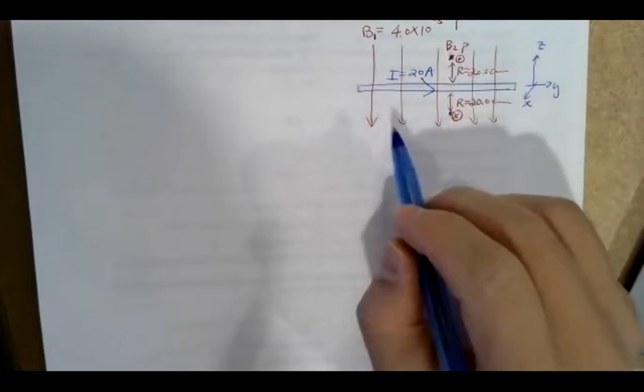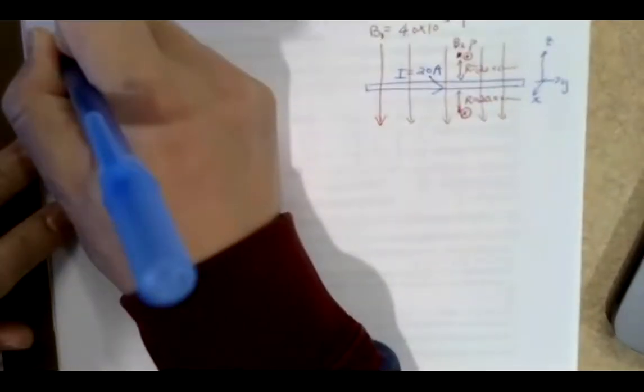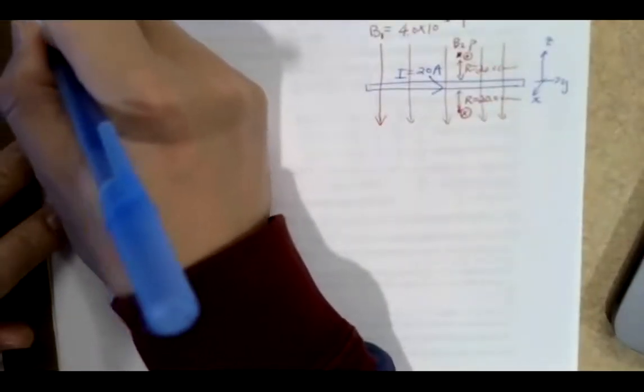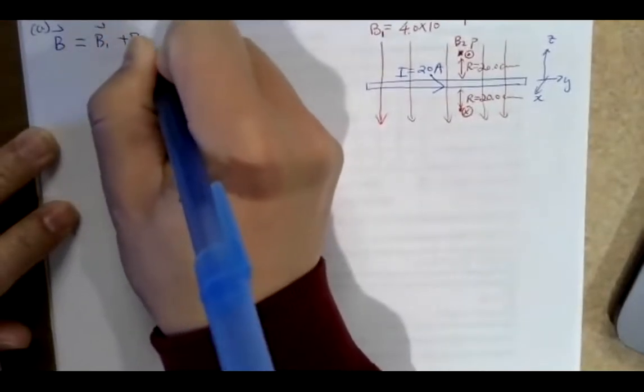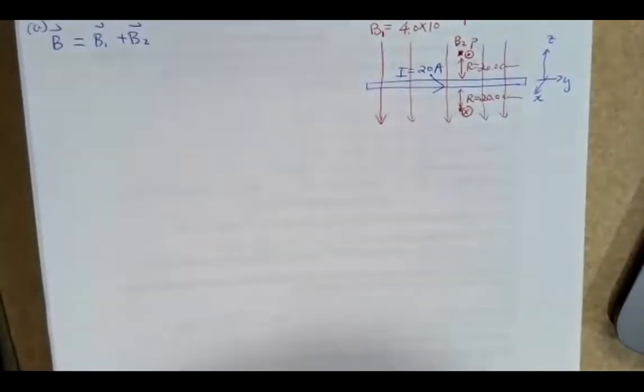So it'll be B1 plus B2. So the total B would be equal to B1 plus B2, and magnetic field is a vector, so we do a vector addition here.